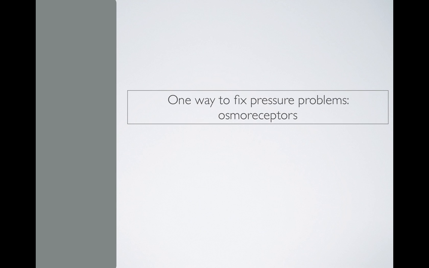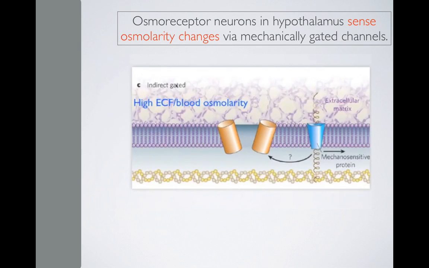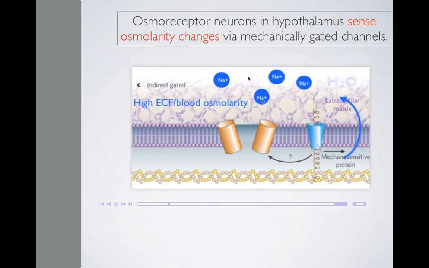So let's look at the sensors for osmolarity. These are just called osmoreceptors. Osmo for osmolarity, receptors just for like sensors. So they sense osmolarity. And here's how they work. They're pretty awesome. So for example, let's say that your blood osmolarity gets very high. As a result of that, water inside these cells, these special osmoreceptors, is going to diffuse out towards the higher osmolarity.